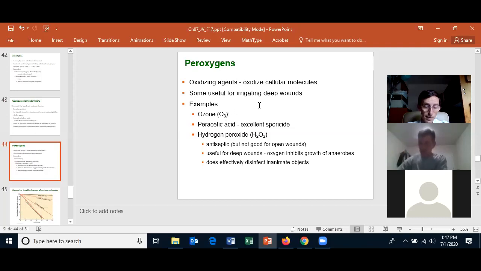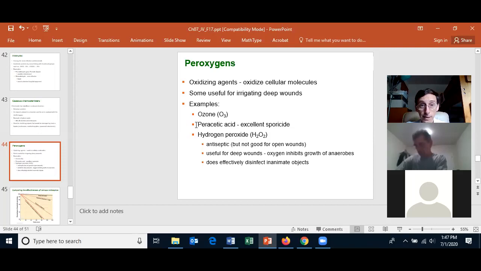Like if somebody has a deep wound, you can pour in hydrogen peroxide to help clean the wound. And it doesn't do much damage to the wound, but it would kill endospores and anaerobes very effectively. It would kill other bacteria too, but my point is it would kill endospores.